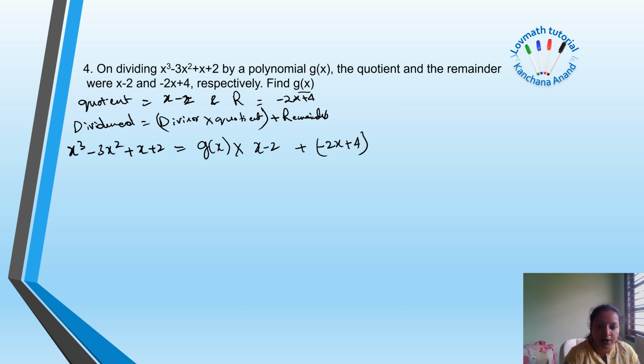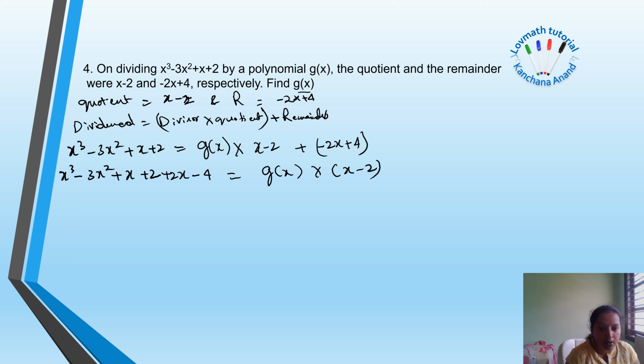Now let us take -2x + 4 to the left hand side. That means x^3 - 3x^2 + x + 2. Here -2x + 4 becomes +2x - 4, which is equal to g(x) into (x - 2).